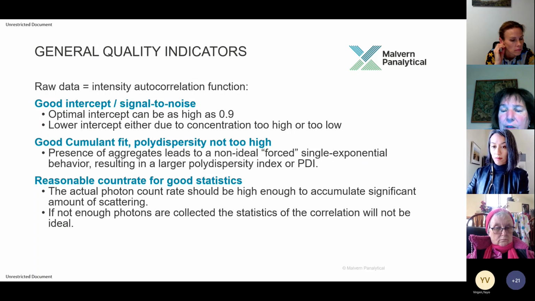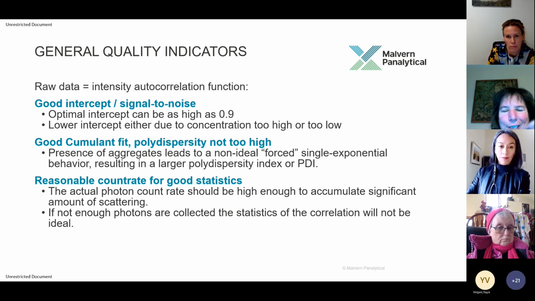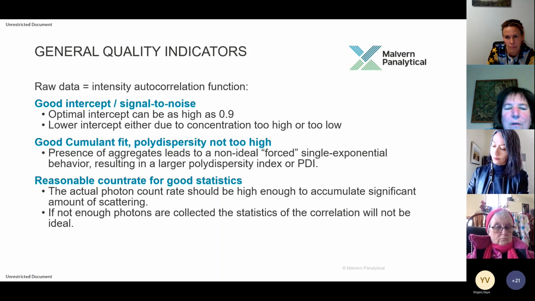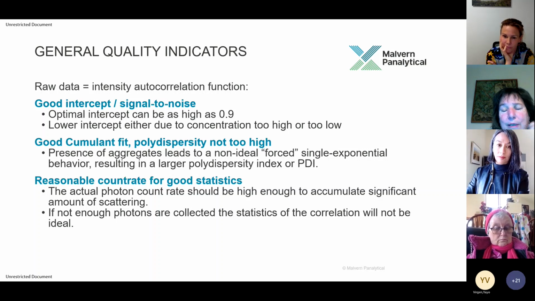It's when your correlation function has the kinds of problems we saw before that you can have a poor cumulant fit and a poor distribution fit. And that's when that sample is not ideal for dynamic light scattering.